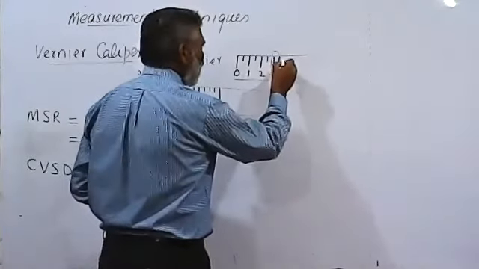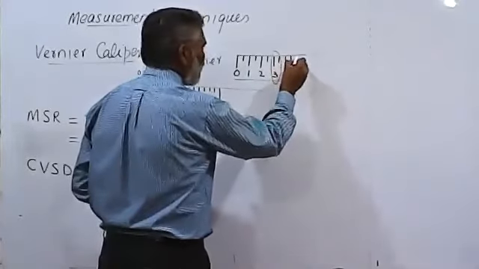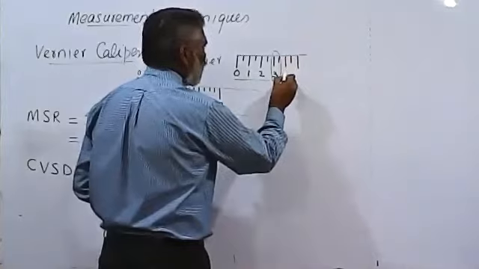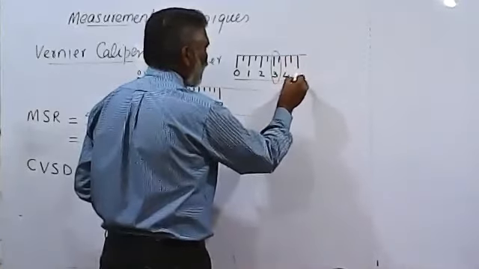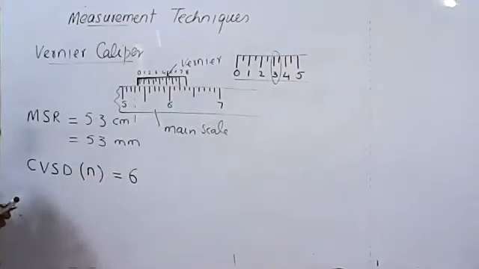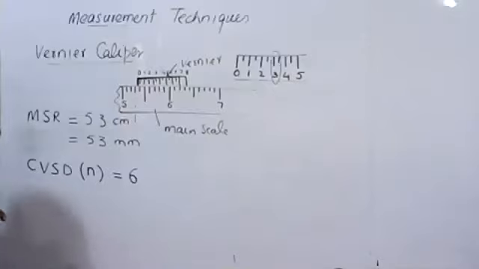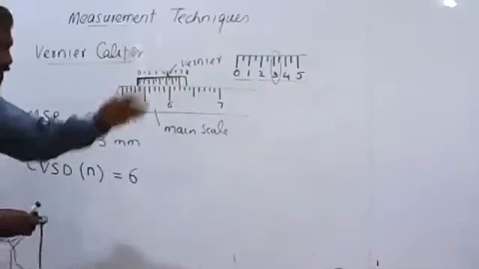This will be 7th and this will be 8th. This will be 9th, this will be 10th. So although it will be written 4 here, it will be written 5 here, you will multiply it by 2, because in between each two divisions you have one more division shown.